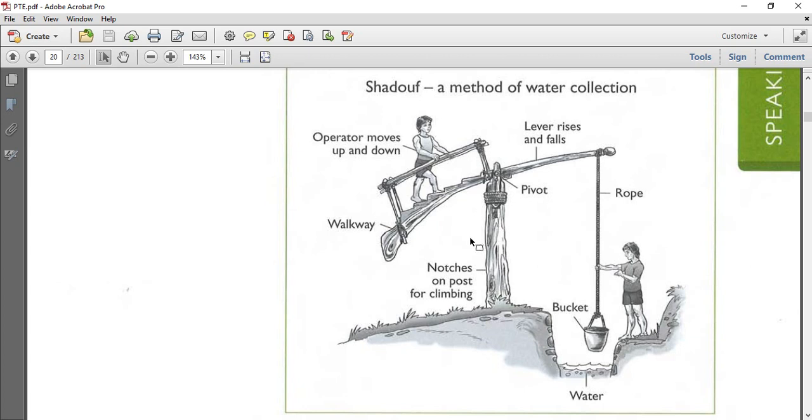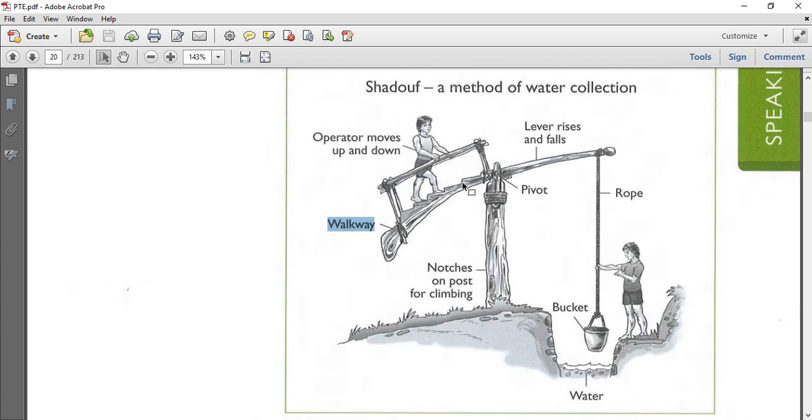So we can talk about it like this: there are notches on the post for climbing, and there is an operator who walks on the walkway up and down.